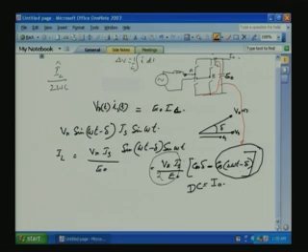So, if you integrate this cos function, you will get this. This you want to be less than or equal to 5%, that is 0.05 of E0. This has to be there.